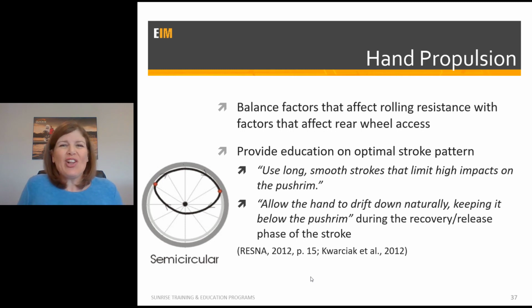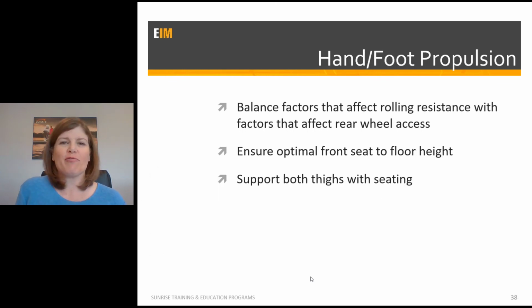So rather than clients who we might see in long-term care facilities where they're lifting their hands up before they bring them back down on the hand rim, what we want to encourage for all of our clients is to have that recovery phase where after the release of the hand rim, the shoulder relaxes, the hand comes down for that recovery phase as there is that release from the wheel. And that's going to help in terms of minimizing risk of repetitive strain injury.